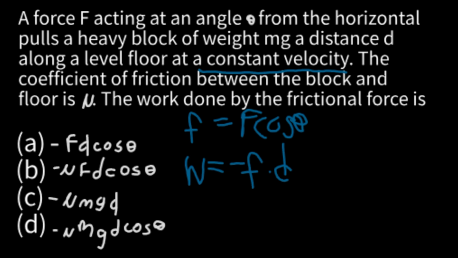And we know our friction equals F cosine theta, so we can set this equal to negative F cosine theta times our distance d, and that matches up with option A in this problem.